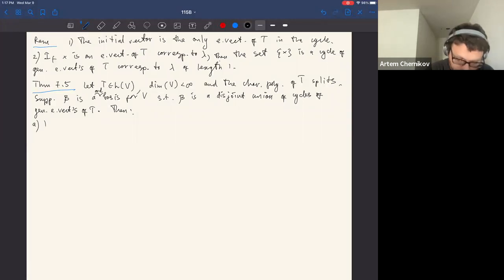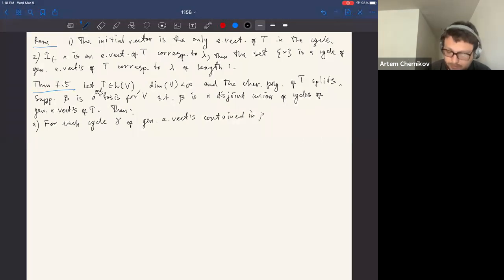A: for each cycle gamma of generalized eigenvectors contained in beta, if we let W be the span of gamma, then this subspace W is T-invariant. And if we look at the matrix representing T restricted to W with respect to gamma, then this matrix is a Jordan block.